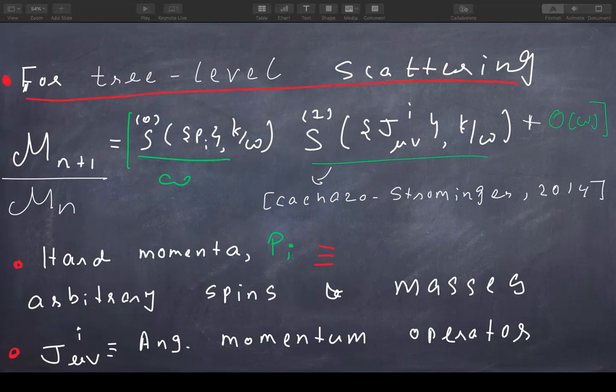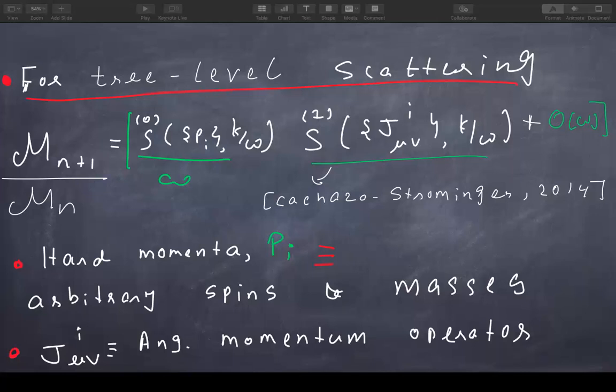As the arguments of these factors indicate, the S0, the Weinberg soft factor, only depends on the momenta of the scattering particles and the direction of the graviton. K is the momentum of the graviton, so K by omega is basically just the direction. And this S1, which is the subleading soft factor, depends on the angular momenta of the scattering particles and the direction of the graviton. So that's the statement of the theorem for tree-level scattering.